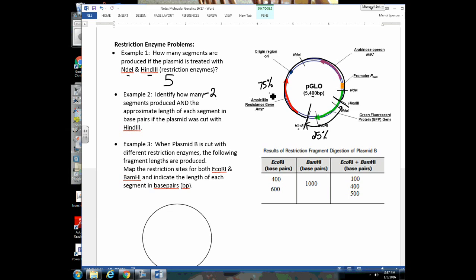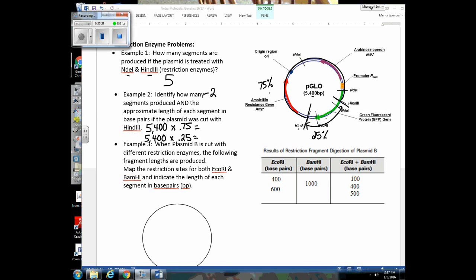And to figure out the length in base pairs of this segment, we would have to take the total number of base pairs times 75%, or 0.75. And to figure out the length of this segment of DNA, again, take the whole and times it by 25%.